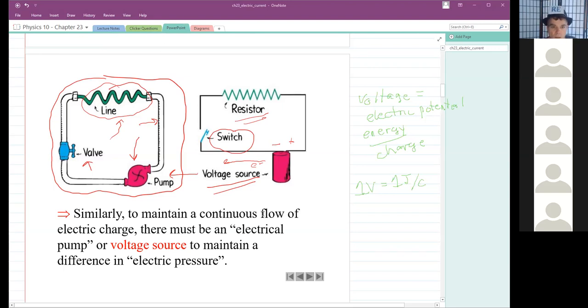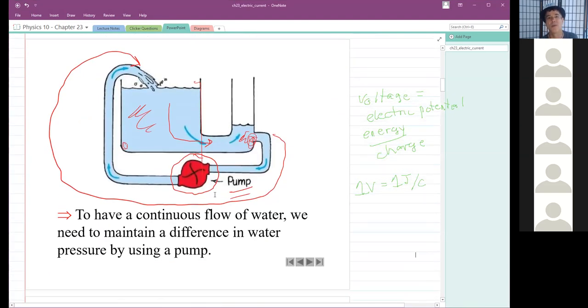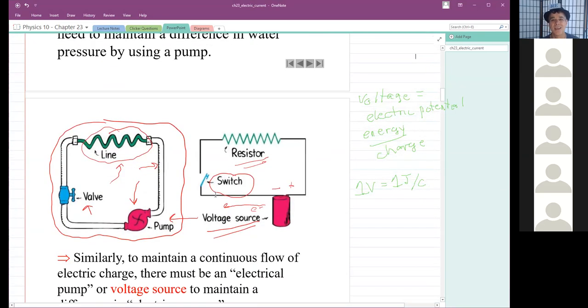And an effective pump could maintain a bigger difference in electric potential. Well, what a battery is doing in essence is maintaining that difference in electric potential, that difference in electric quote unquote pressure.